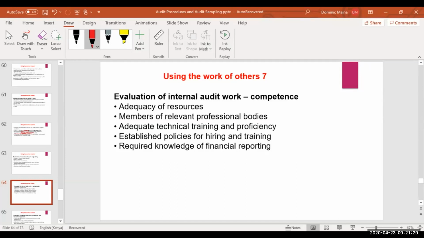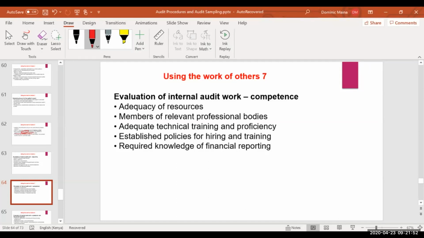The key reason you may want to assess this, the knowledge of financial reporting, is because, don't forget, it's not a must that they be accountants. In that context, you have to consider whether this particular person can interpret a simple financial statement.